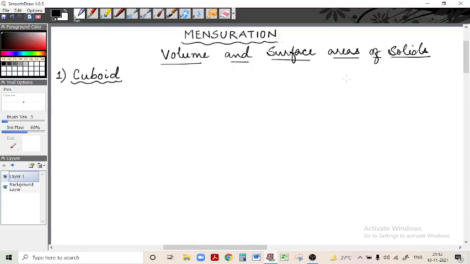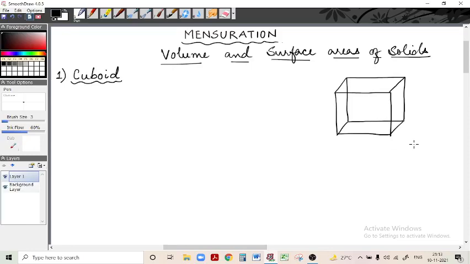Cuboid, the figure is like this. This is a cuboid. You can think of a matchbox, chalk box, book.